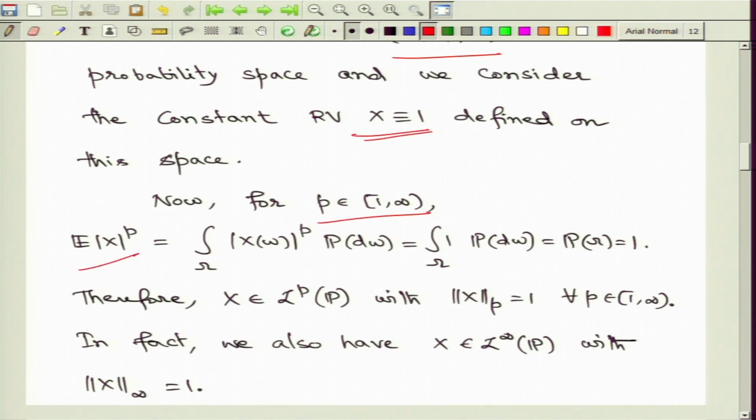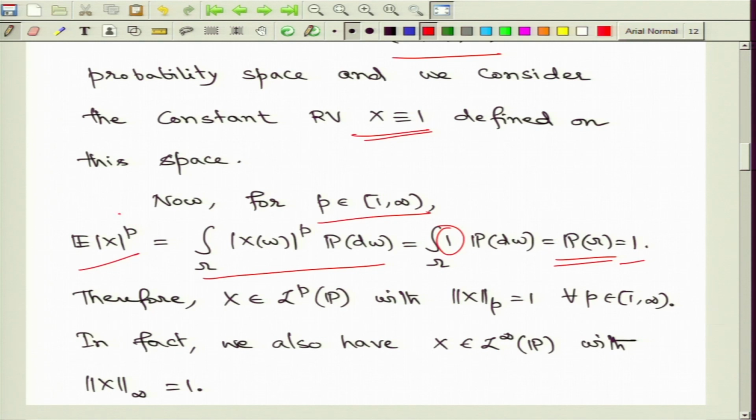Now, let us fix again a number p between 1 and infinity, 1 included, infinity excluded. Then what happens is that the expectation of mod X raised to the power p is just this integration. So, let us compute this. The random variable takes the value 1 throughout, so we just plug that value in, and that turns out to be the probability of the whole set Omega, which is 1 because P is a probability measure.